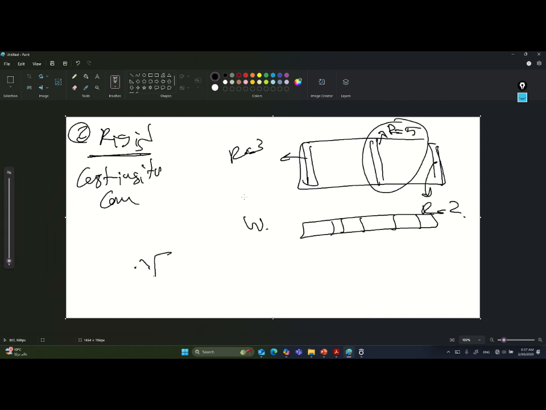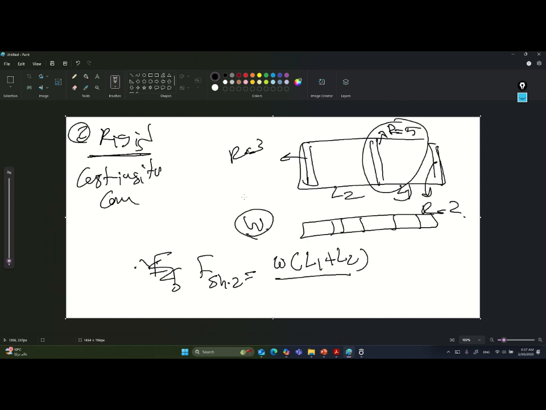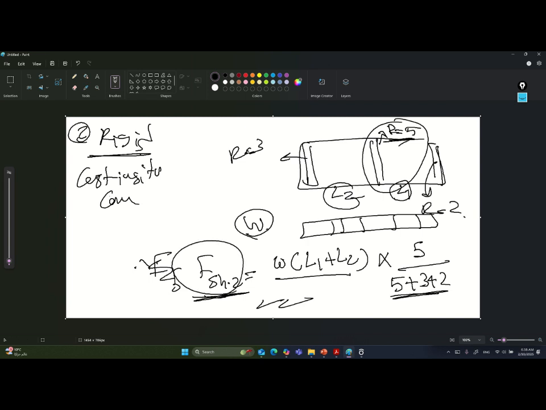It will be based on the base shear for shear wall 2, and on the rigidity. So I have W multiplied by (L1 plus L2), okay, that is L2 and that is L1, multiplied by R, which is 5, that is the rigidity, divided by 5 plus 3 plus 2. So I can calculate the base shear according to the rigidity.